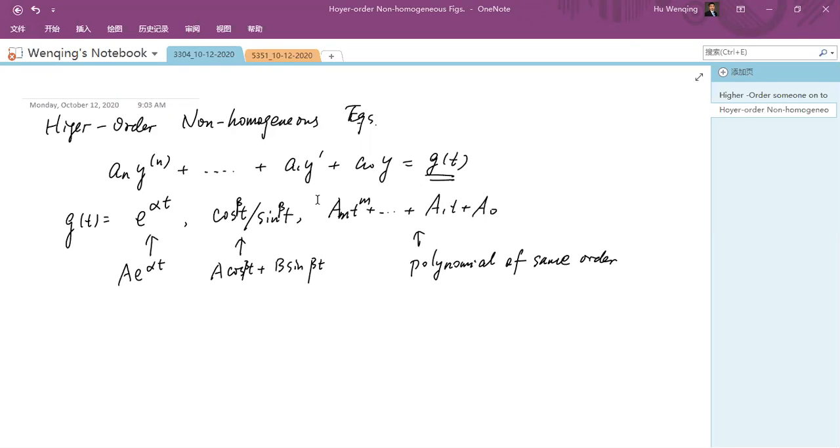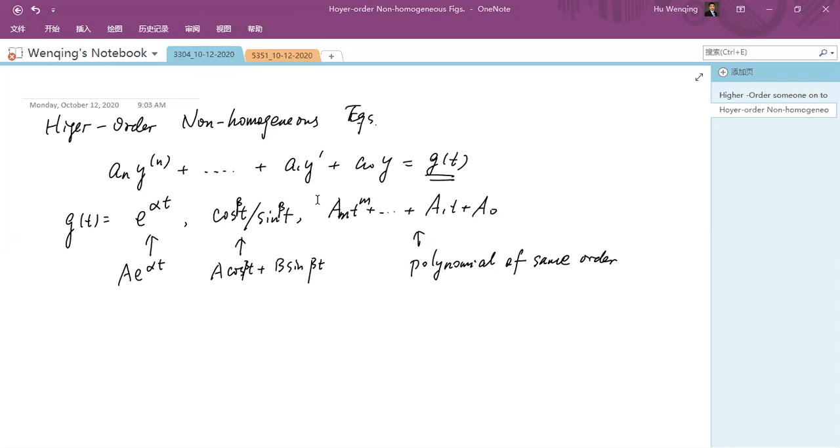Now let me start today's lecture by trying two more exercises, just to show you that sometimes the calculation involving finding the particular solution for non-homogeneous equations can be rather tedious and complicated, and sometimes not so satisfactory.